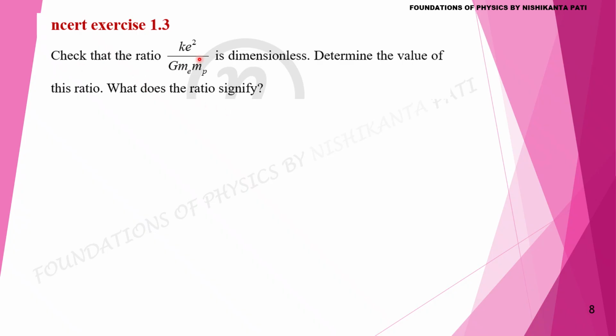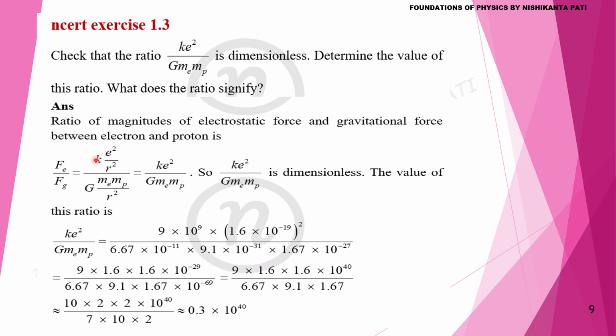Check the ratio. This much is dimensionless. Determine the value of this ratio. What does the ratio signify? Electrostatic force between electron and proton is K e square by r square.